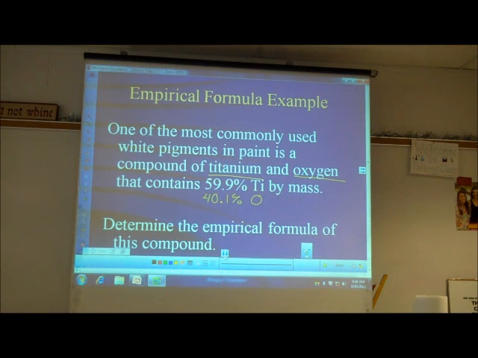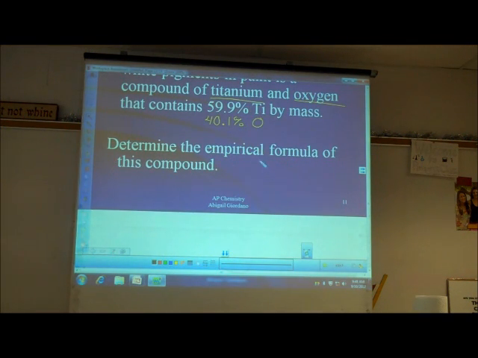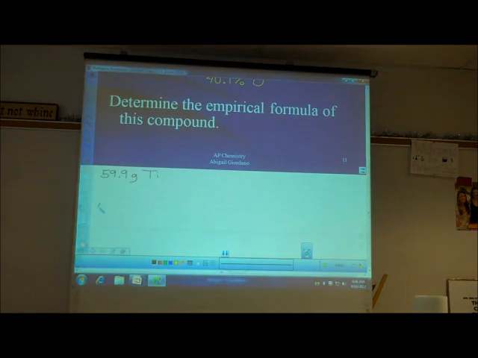When you are asked to do an empirical formula problem, you will most often be given percent by mass information. First step, number 1, take the percent signs off of those numbers and put grams instead for both of them.